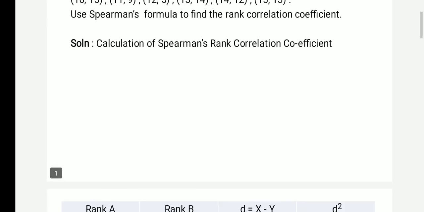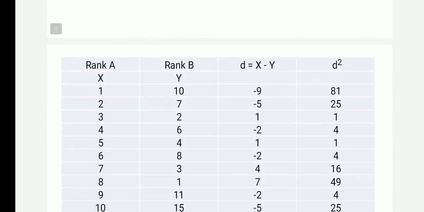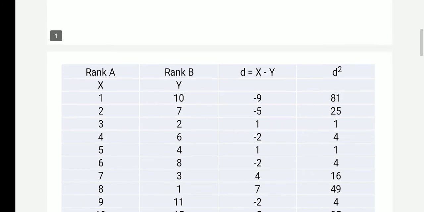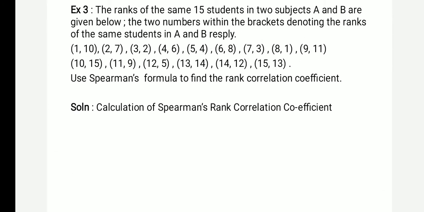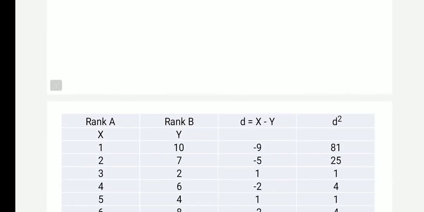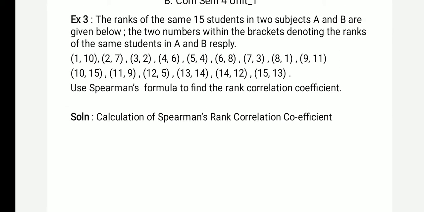Accordingly, you make a list. The rank of A is the X variable and the rank of B is the Y variable. So we write 1 and 10, 2 and 7, and next is 3 and 2.